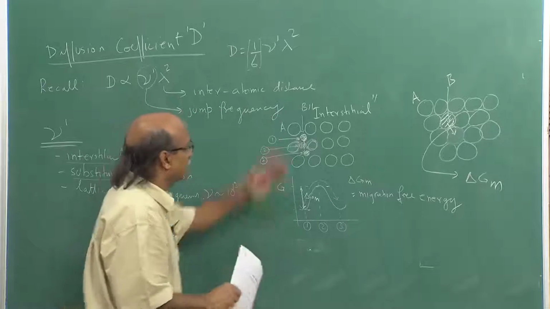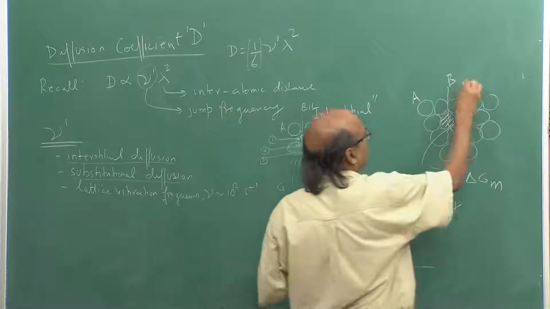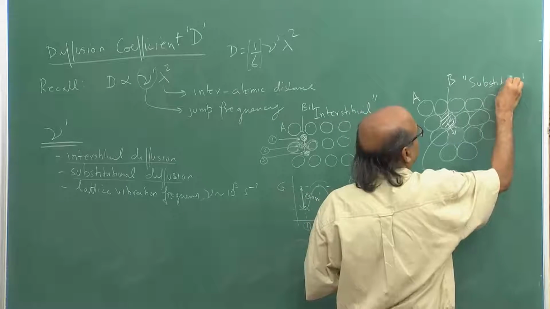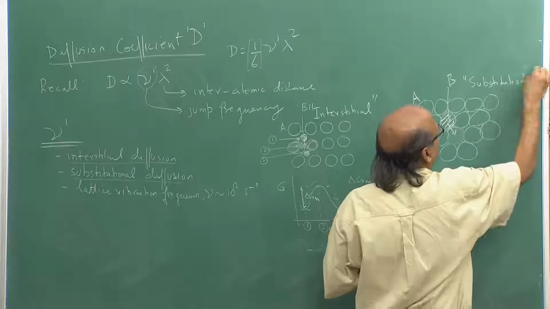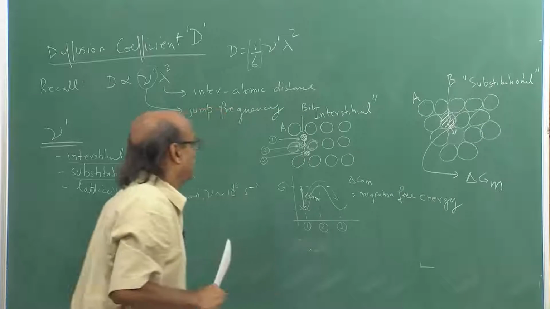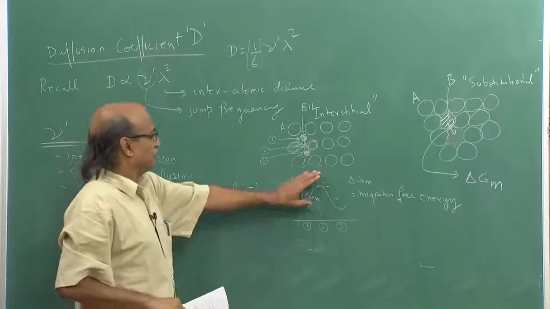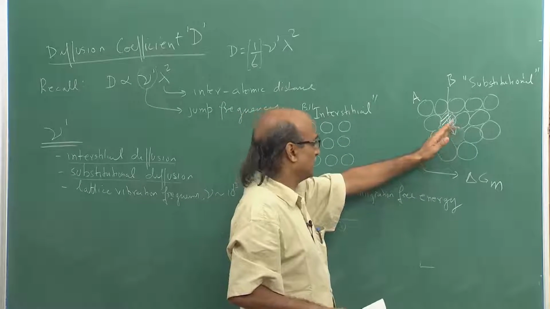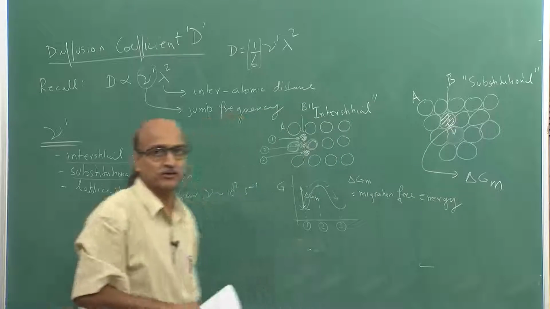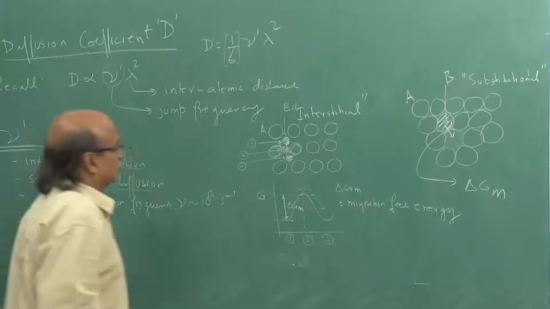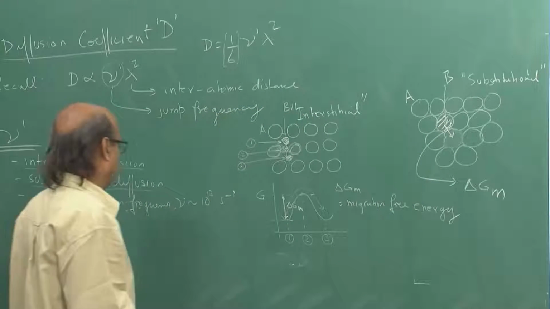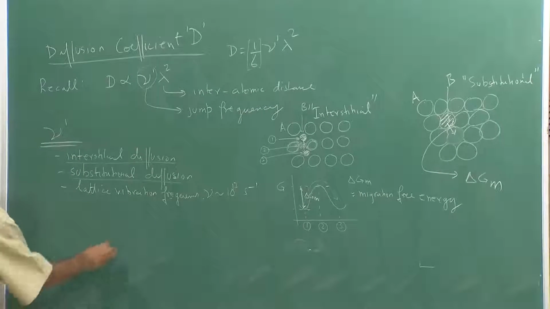And so, in both interstitial as well as substitutional diffusion, there is a migration energy involved for an atom to jump from one location to a neighboring location. So, hence there is a probability of a successful jump. So, what is that probability?